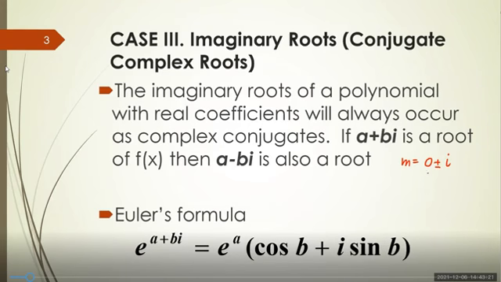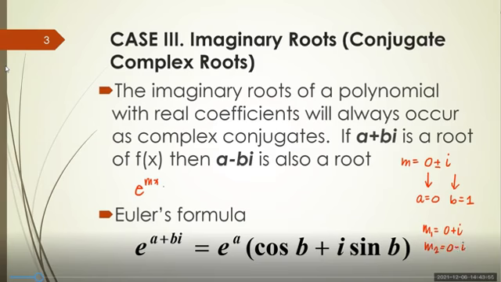I can say that a here is 0 and b is 1, and then the plus and minus because they are conjugate pairs. If you recall, last time when we had the real roots, e to the mx is one of the solutions. So in this case, if m is 0 plus and minus i, that means your m number 1 is 0 plus i, and your m number 2 is 0 minus i.